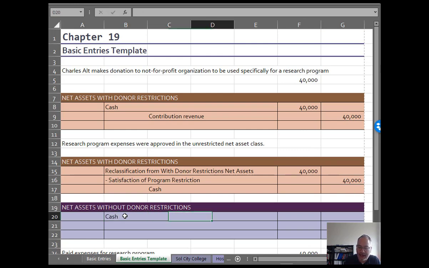So then you'll debit cash in there because they're going to get this cash. And the credit, again, is a mouthful. It's reclassification into without donor restrictions, because that's the other category. There's with donor restrictions and without donor restrictions net assets. Satisfaction of program restriction.